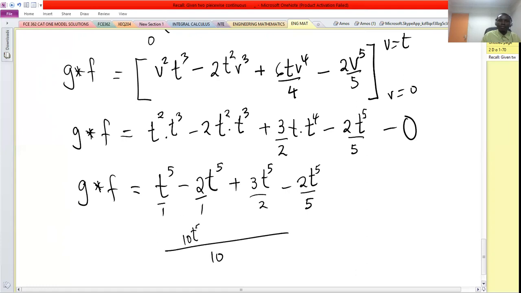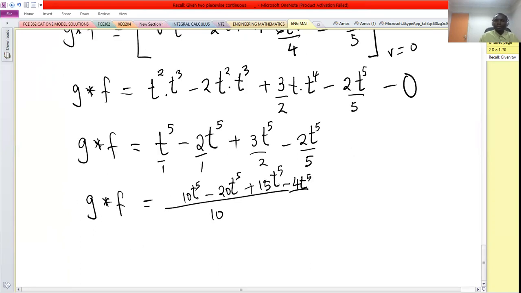So 10t power 5 minus 20t power 5 plus 15t power 5 minus 4t power 5, over 10, gives us g star f. 10 plus 15 is 25, so 25t power 5 minus 20t power 5 minus 4t power 5 over 10. 25 minus 20 is 5, 5 minus 4 is 1.